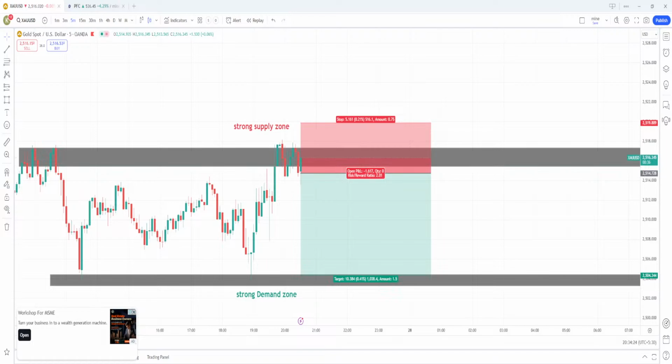Okay, we entered the trade, but it bounced back from the entry point. But we are going to take this trade as we took it, so we have to wait for the target to hit. Okay, before that I need to change something.